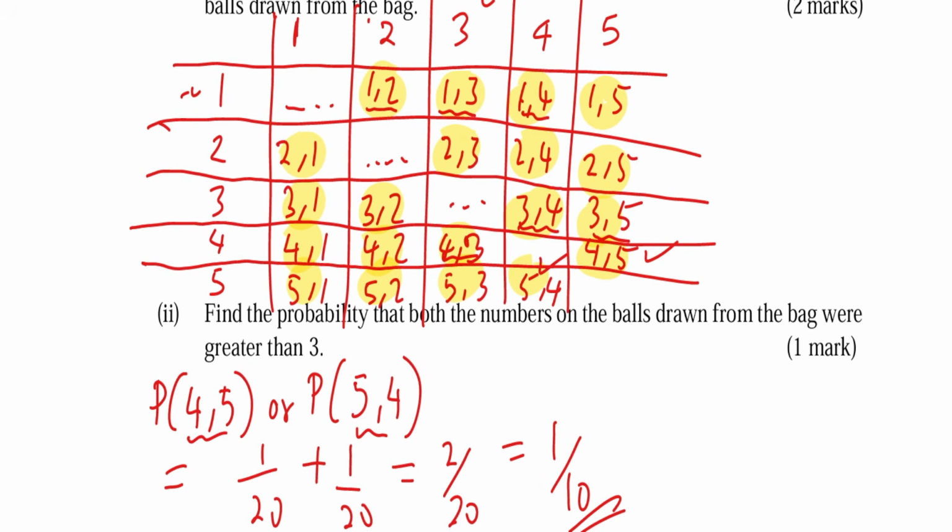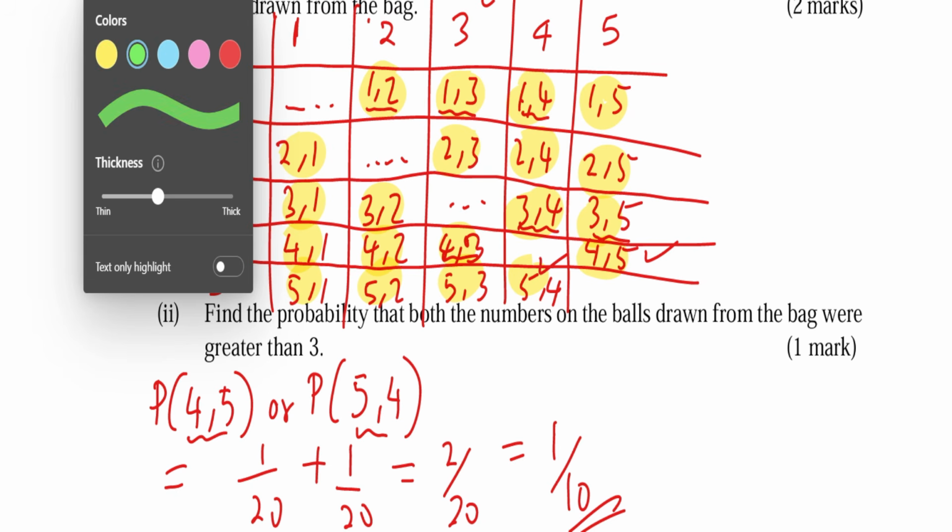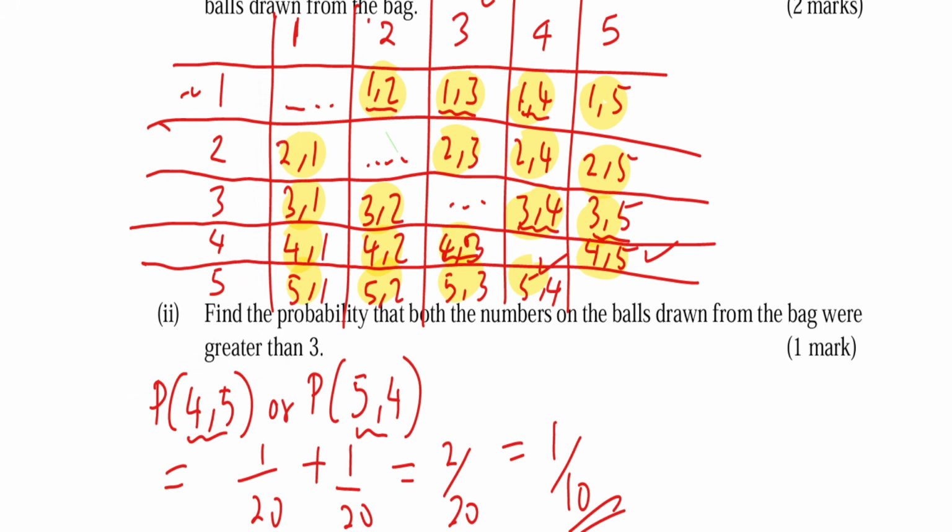Let me use a different font. I look at those that do not exceed 6, that are less than or equal to 6: 1,2 being first, we add to get 3, this one also, this one is 6 obviously, this one, this one, but not the others. 5,1, okay, 5,2 can't, 5,3 can't.